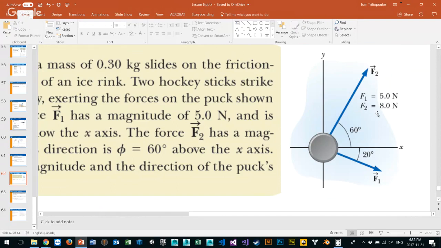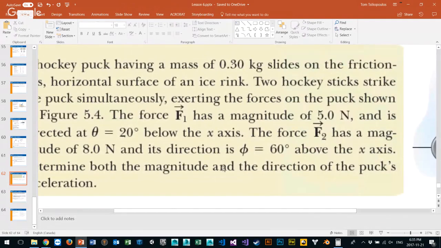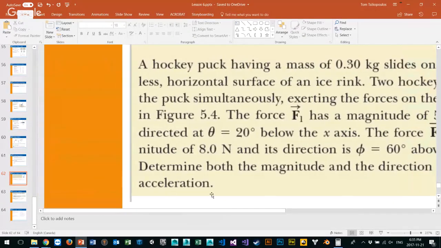Just to see what this says here, it says the magnitude and direction of the puck's acceleration. This is what we missed, right? Acceleration, not force in newtons. If it says the total force in newtons, then we did it right. But we actually did it wrong. We were supposed to calculate the acceleration, which you could have done after.